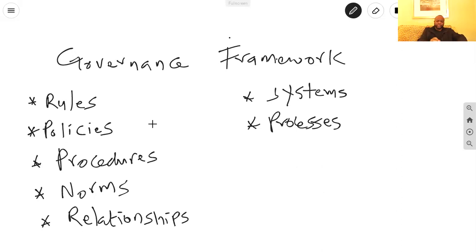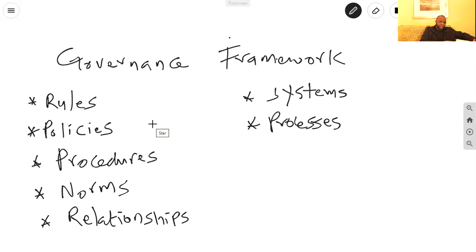So governance framework, that's it. Go to page 43 again. It says governance is the framework within which authority is exercised in organizations. The framework includes, but is not limited to, rules, policies, procedures, norms, relationships, systems, and processes.